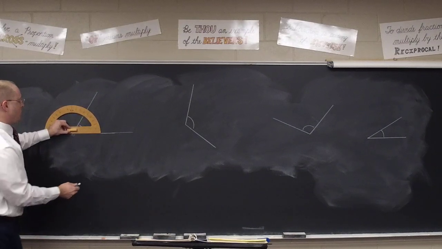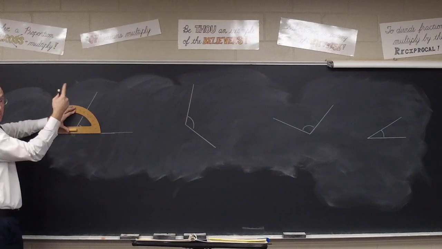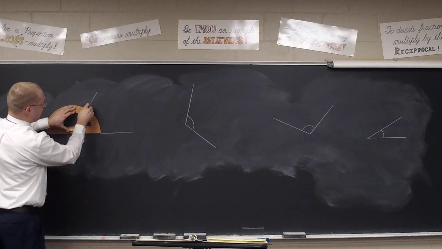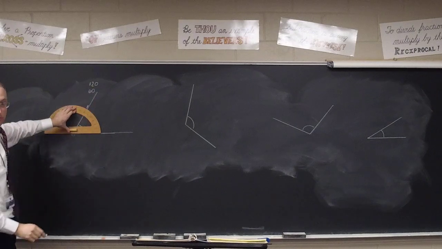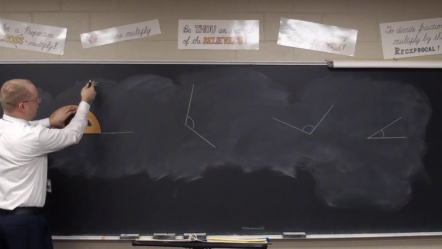And then you simply see where the side of the angle crosses. Looking up this way, my protractor, this line crosses right here. It says 120, 60. That means it's right around either 120 or 60.